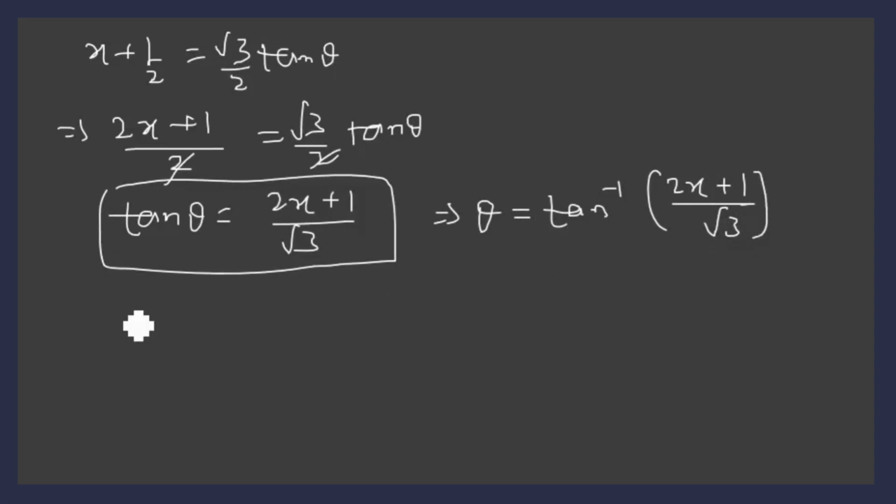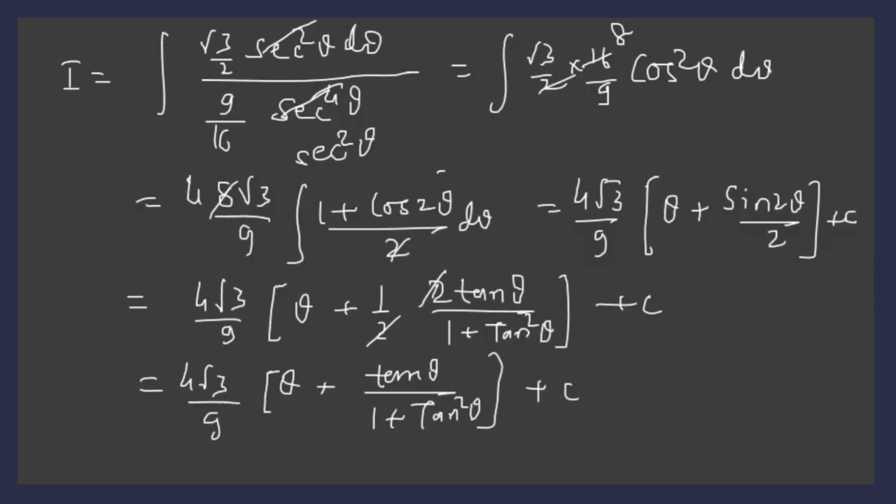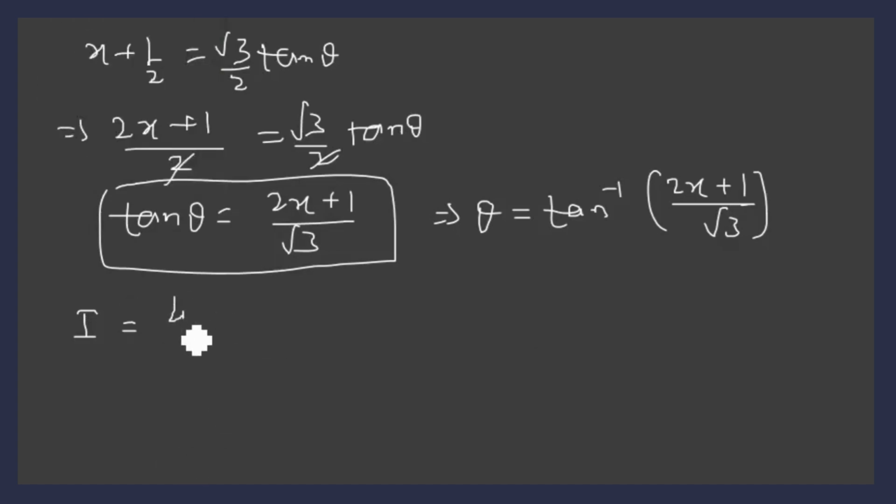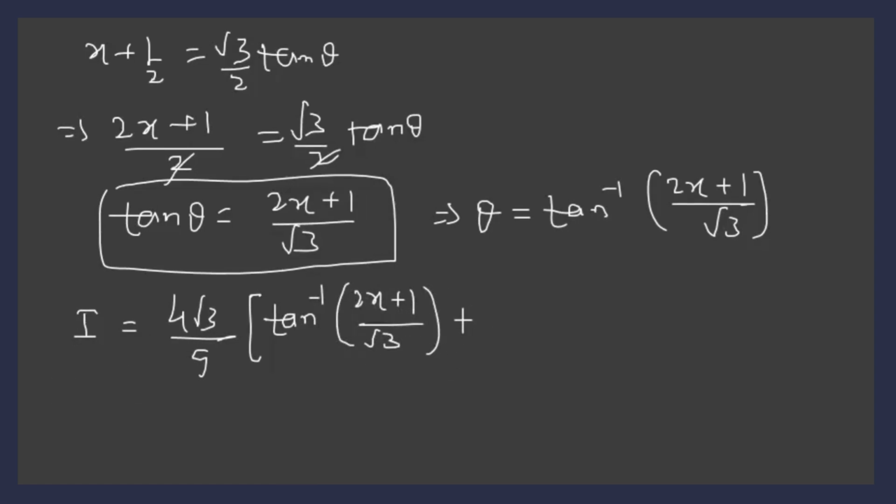So we will substitute this value in the integration that we have obtained here. That is 4 root 3 by 9, and for theta we write tan inverse 2x plus 1 by root 3, and then plus tan theta by 1 plus tan square theta.